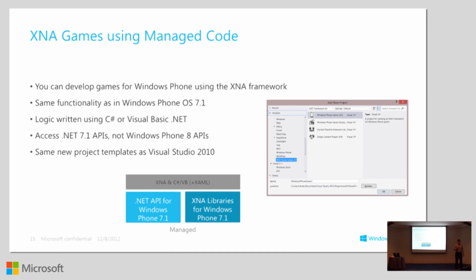But what you could do is have the UI in XAML and the code behind as C#, and that gives you the power of XAML, because a lot of controls that you develop in XAML are much easier than doing that in XNA. For example, if you want to design a letterboard, you can do that easily with Silverlight or XAML. Doing that in XNA is much, much tougher. So that's why we have these templates, and the same templates continue with Windows Phone 8.